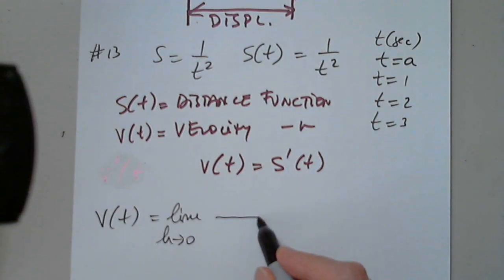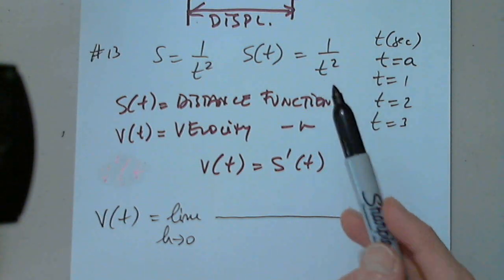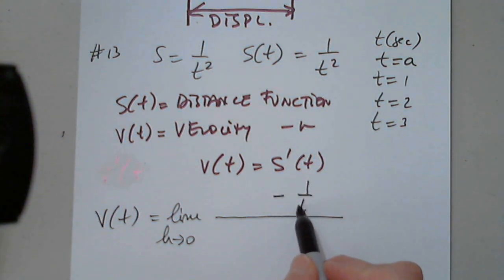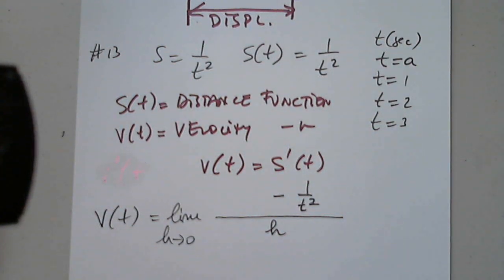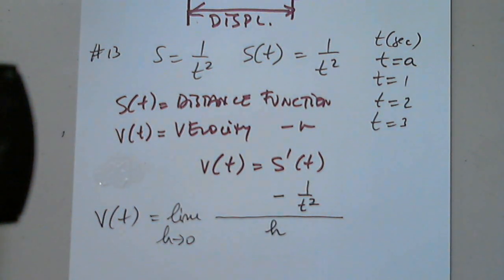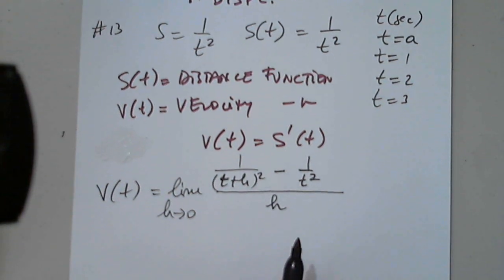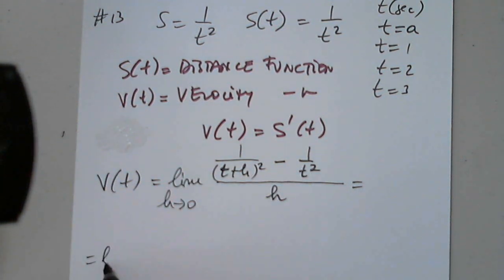Very good. What do I have here? One over t plus h squared. Excellent. T plus h, everything squared. Great job. Okay, good. Next step.